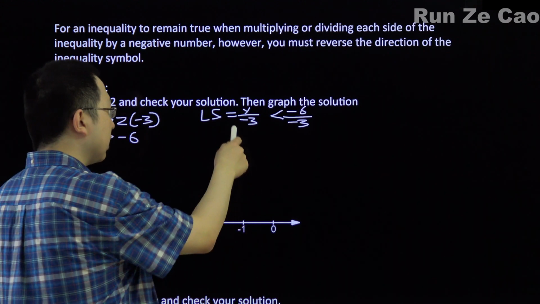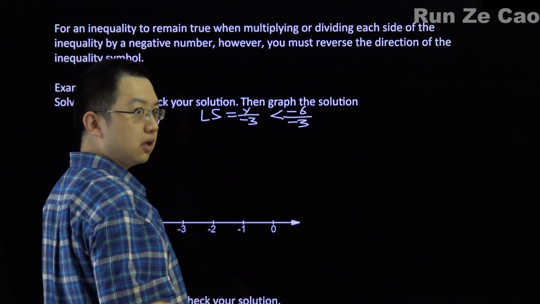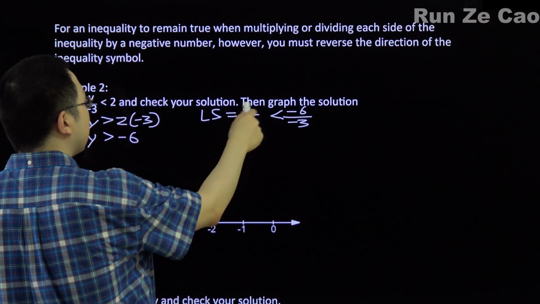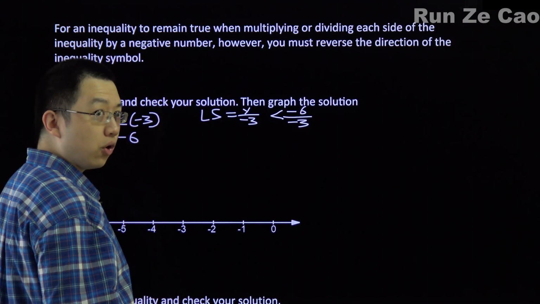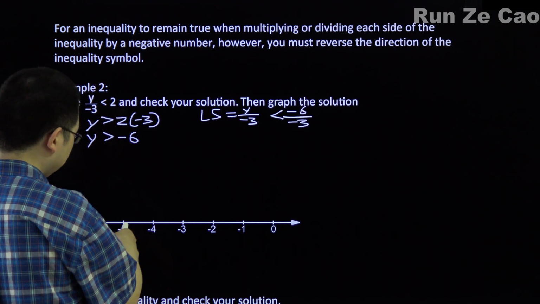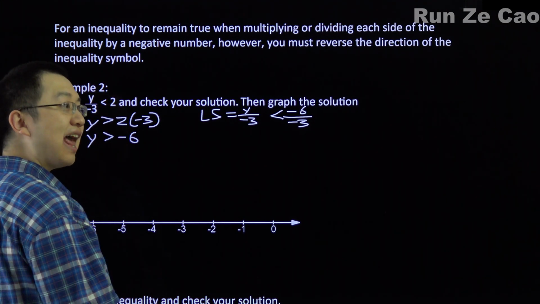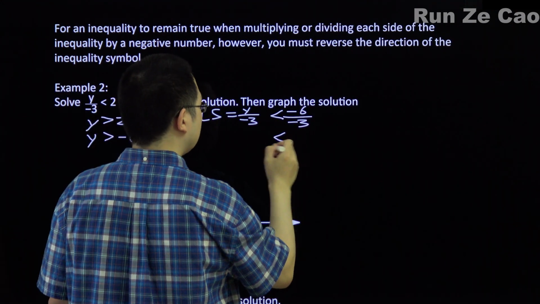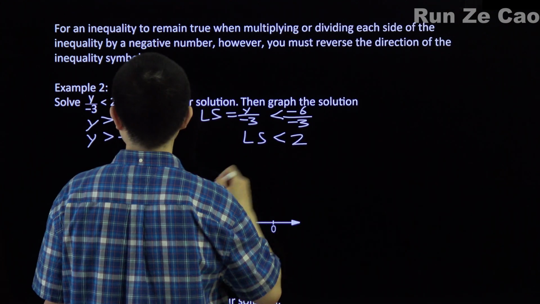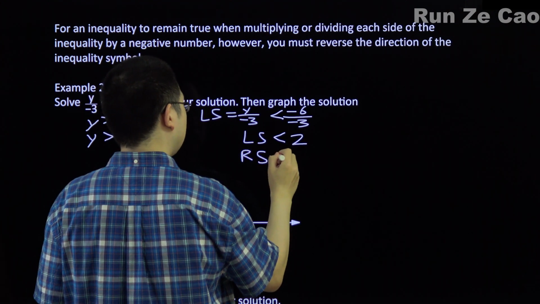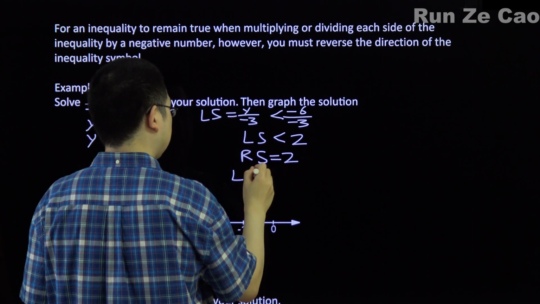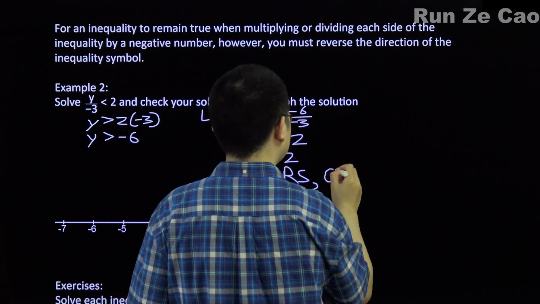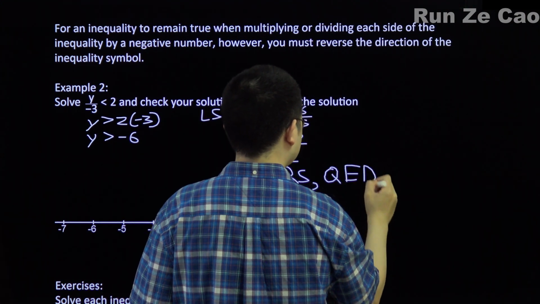That means when you're dividing by negative 3, the direction of the inequality changes, because instead of negative 6 divided by negative 3, which gives you 2, you could have something like negative 5 divided by negative 3, which is less than 2. So left side is less than 2. Right side equals 2. So left side is less than right side. Quod erat demonstrandum.